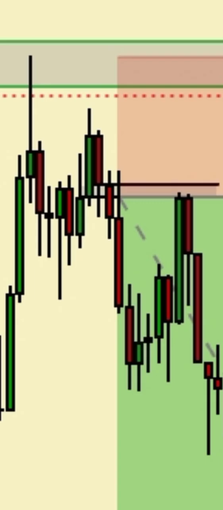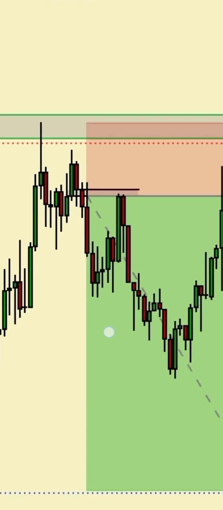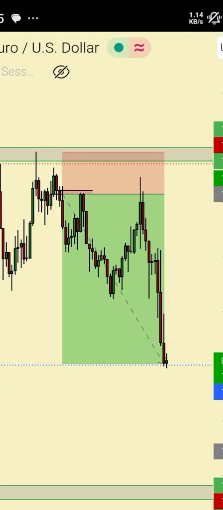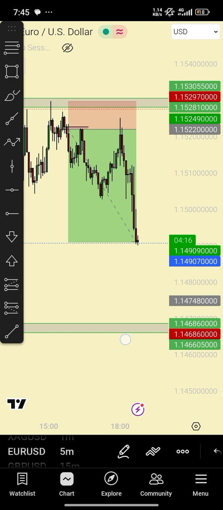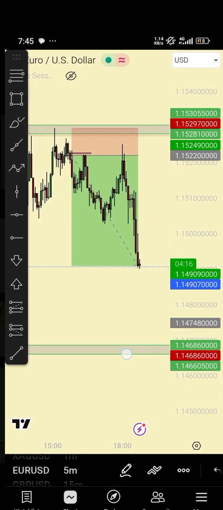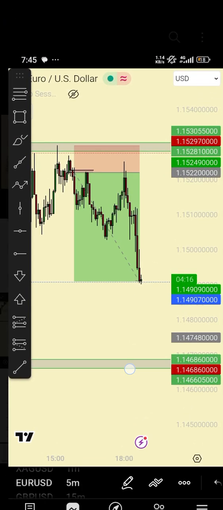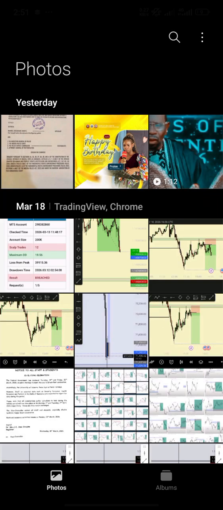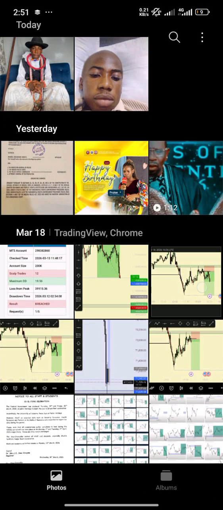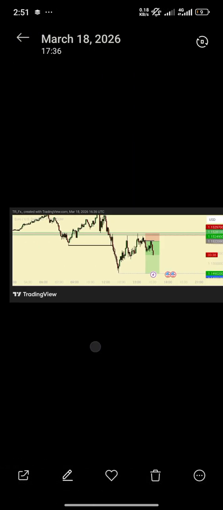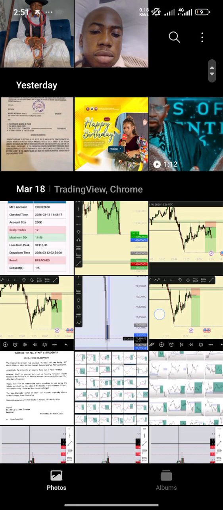I just entered immediately and it slowly retraced. I targeted 1 to 4. This zone you are seeing right here at the bottom is my draw on liquidity. I mark a zone below my draw on liquidity. There are a lot of entries I've taken, so many.